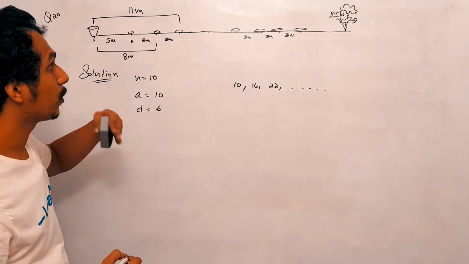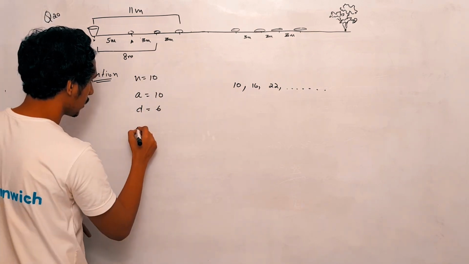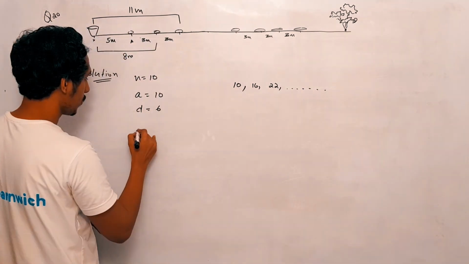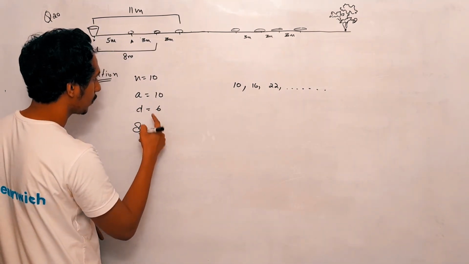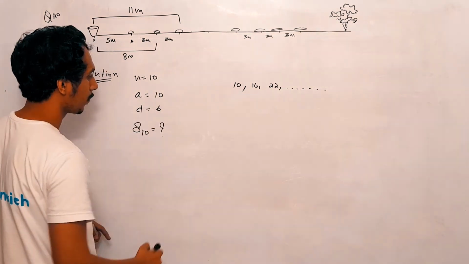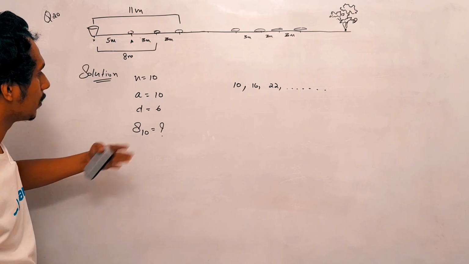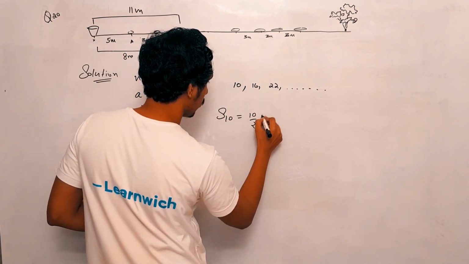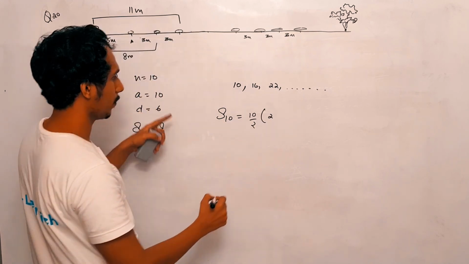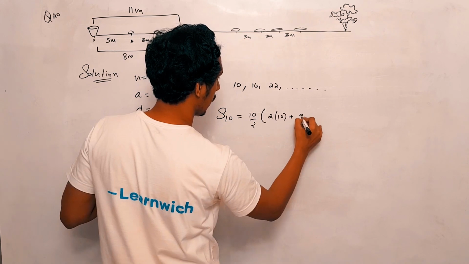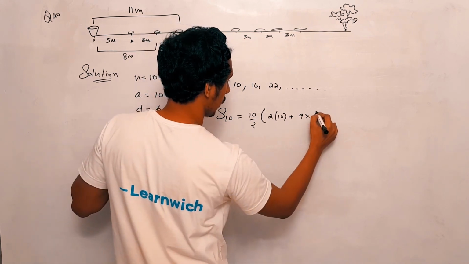And you have to find out the total distance. Total distance is the sum of all these distances, no? 10 plus 16 plus 22. There are 10 such potatoes, so S10 is what you have to find out. Just substitute the values. S10 is equal to 10 by 2 into 2A plus 10 minus 1, that is 9, into D, which is 6.